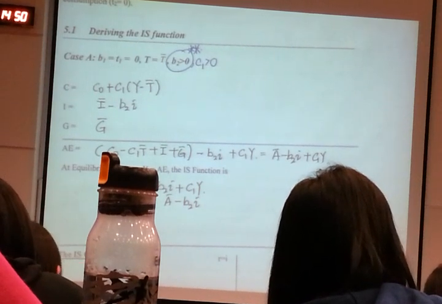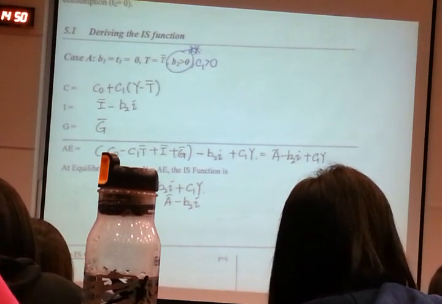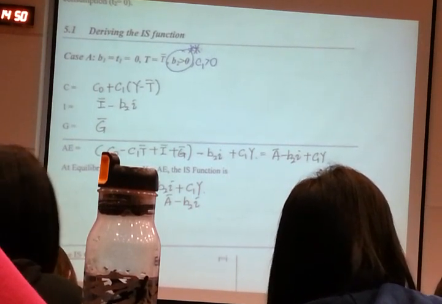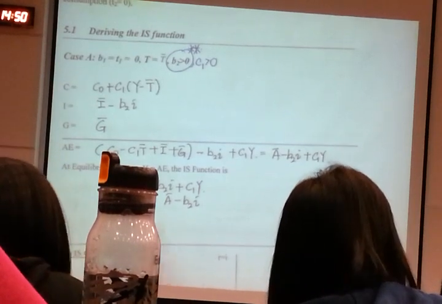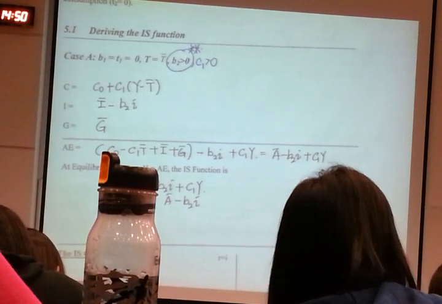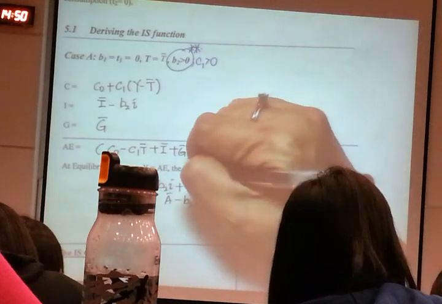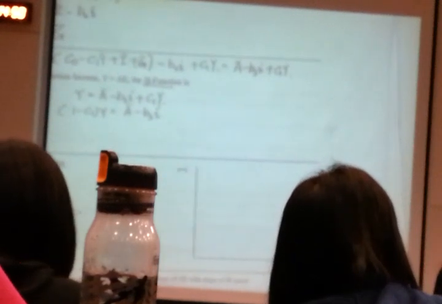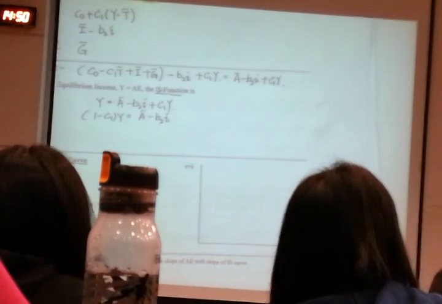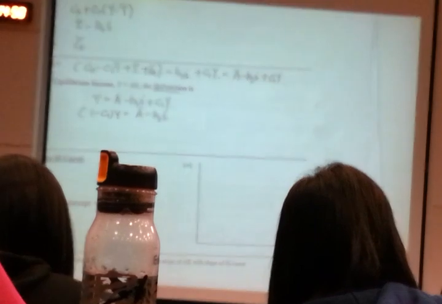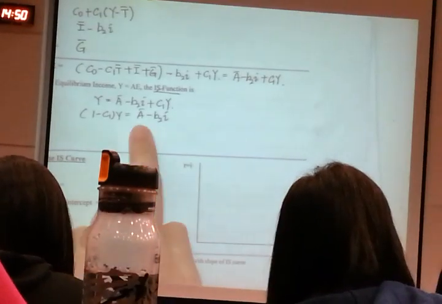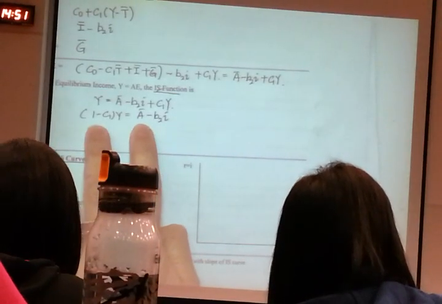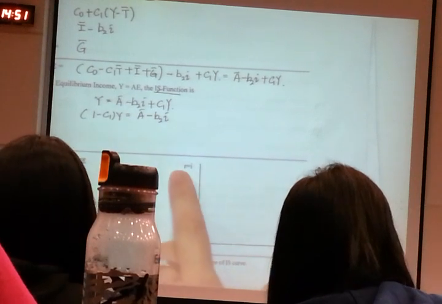Now, just now our objective was to find Y, so I brought the entire term to the right. But what is our objective now? Our objective now is to find the IS function. What is an IS function? It's supposed to show me interest rate on my vertical axis, income on my horizontal axis. This is equilibrium income, but I must write it to suit the axis again.